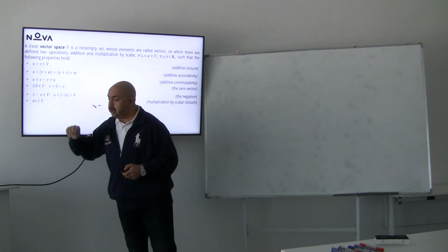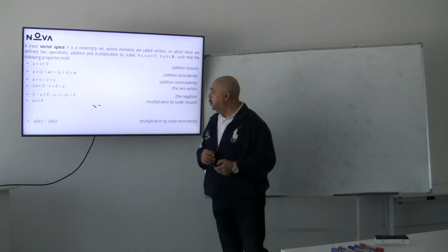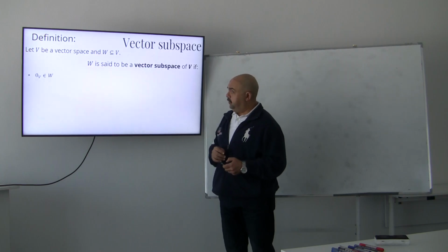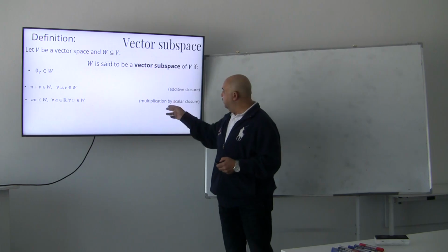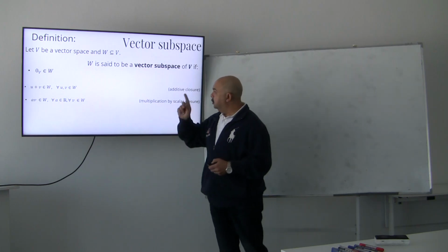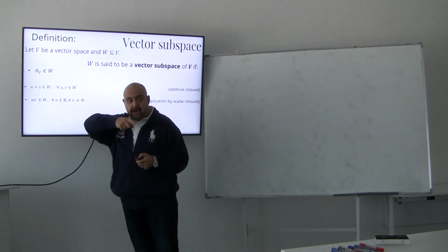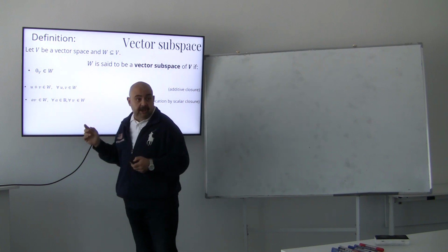Then closure under multiplication by a scalar, and all of these are the conditions to have a vector space. In order to have a vector subspace, you also need additive closure and closure under multiplication by a scalar. But with them, don't you ever forget that any subspace should share the origin, or the null vector, with the vector space.